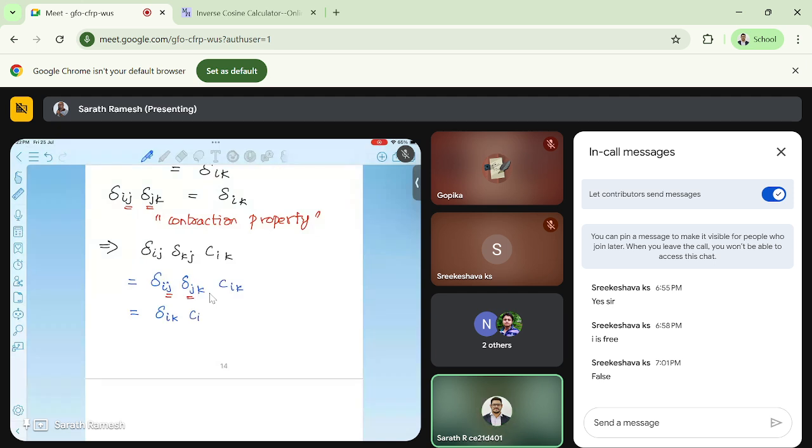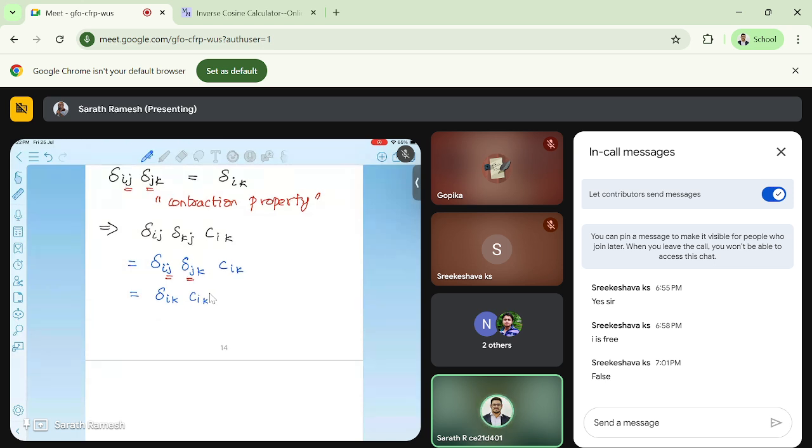Can we further simplify this expression? Again, let's try. What are the dummy indices? i and k both are dummy indices. So let's do one at a time. I am doing i, keeping k as it is. So delta 1k c1k plus delta 2k c2k plus delta 3k c3k. Okay.